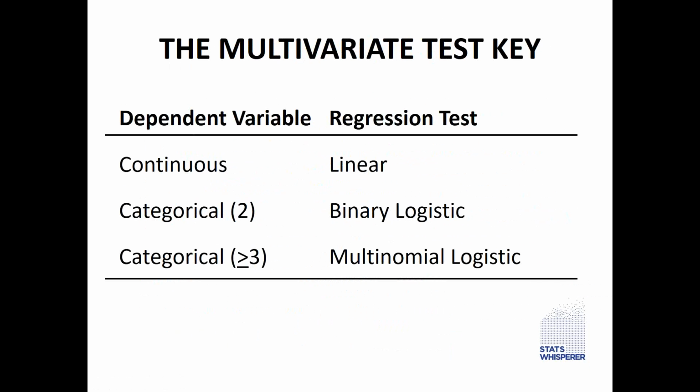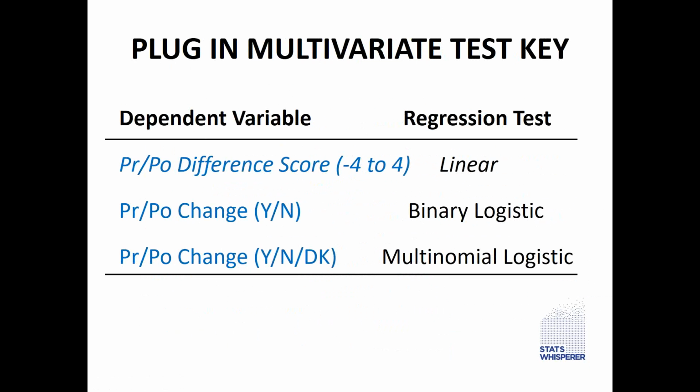So again, the multivariate test key, which regression model do we need, is dependent upon the structure of the dependent variable, be it continuous, categorical with two categories, or categorical with three or more categories. And for our purposes, our dependent variable is continuous. So we have our pretest, post-test difference score with a possible range of -4 to +4.